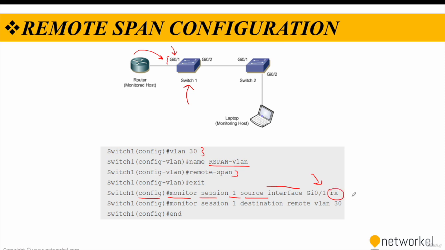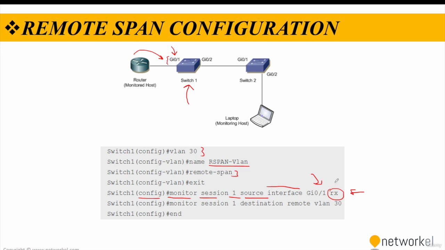Okay, so simply this command specifies the RSPAN session and the source port, the monitored port. Okay, so here the RX is optional. Maybe you can use both or TX as well. That specifies the direction of traffic to monitor.